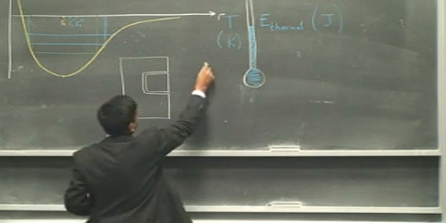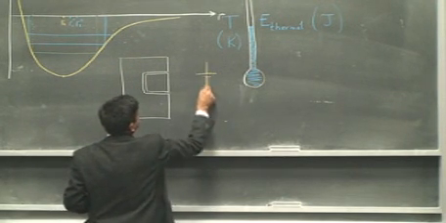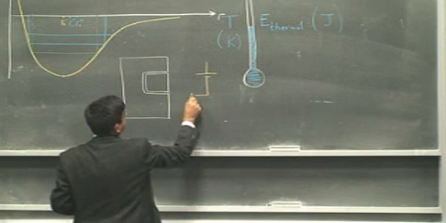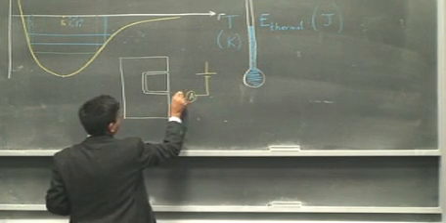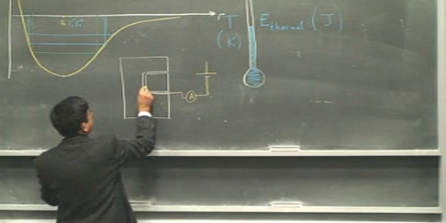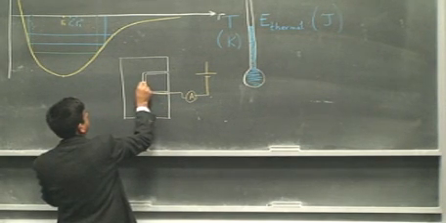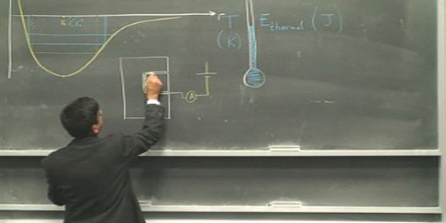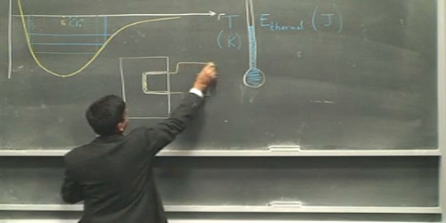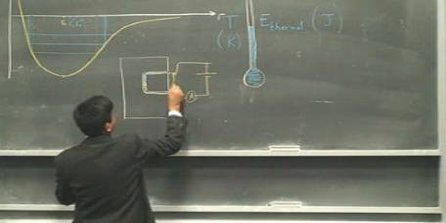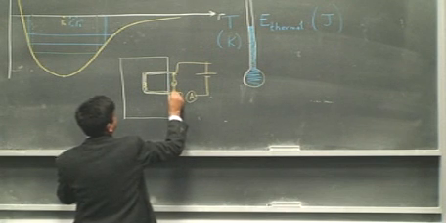And then I have a battery, an ammeter, and I place some resistor inside the solid, and I measure the voltage across the resistor.